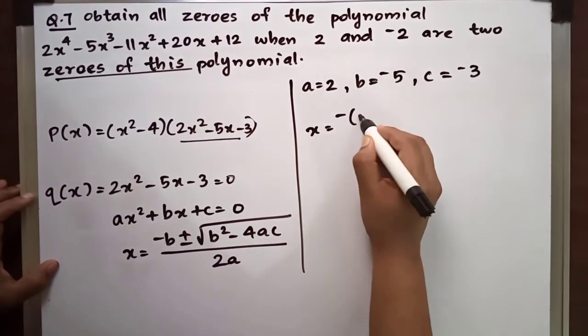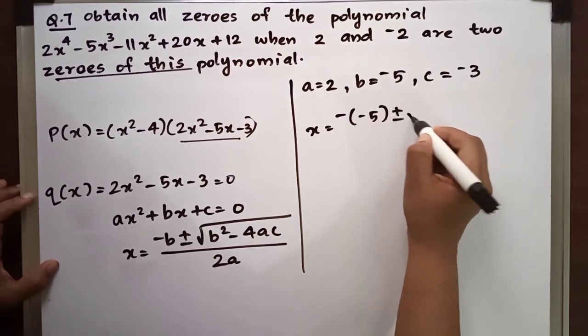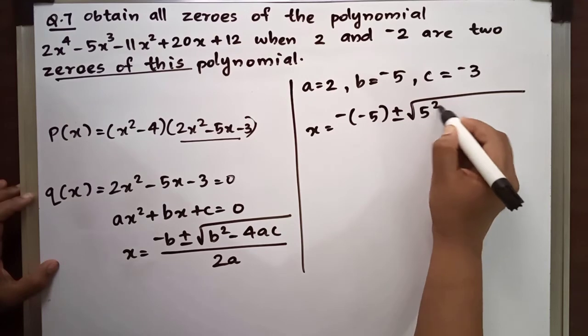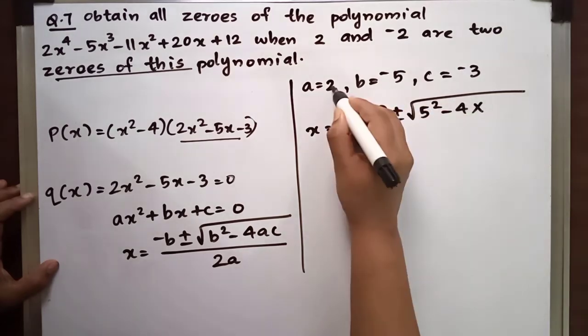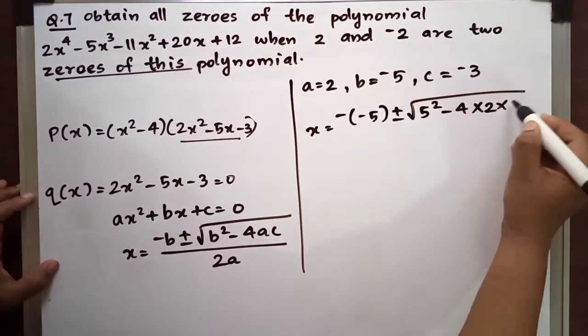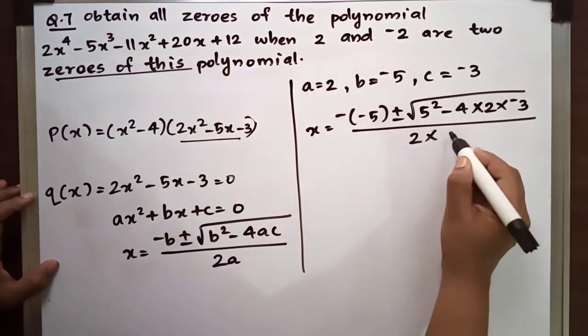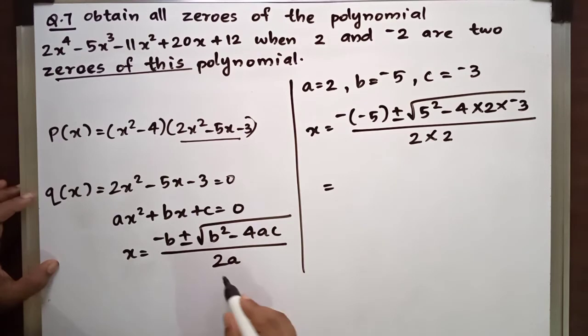Minus of minus 5 plus or minus square root of b square, 5 square, minus 4ac, divided by 2a. Okay, I have given values to this equation.